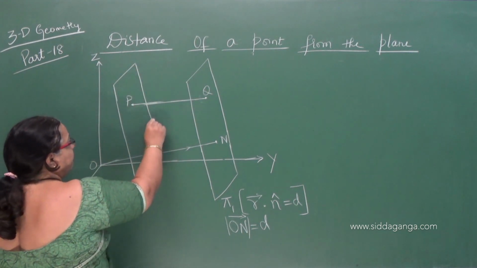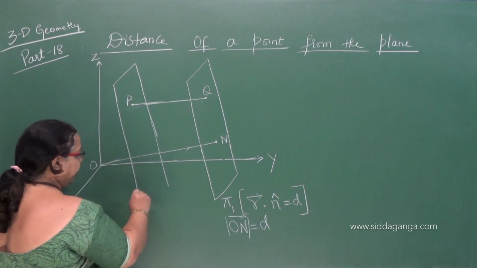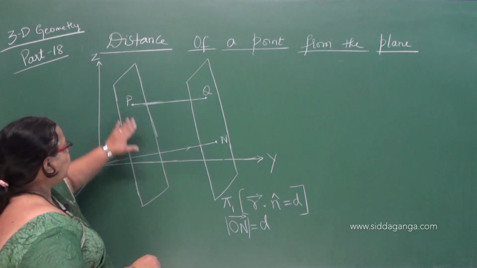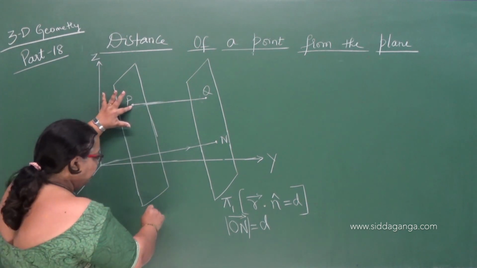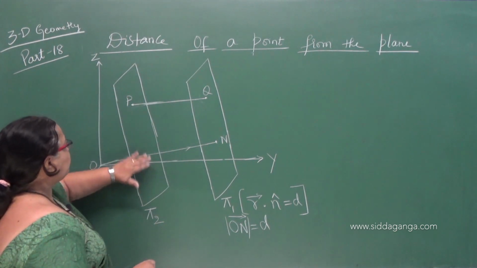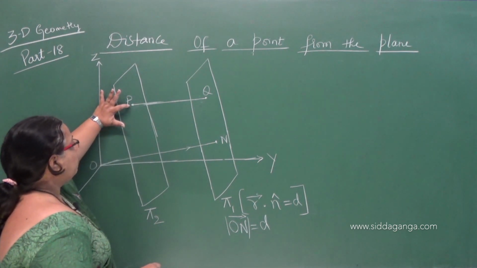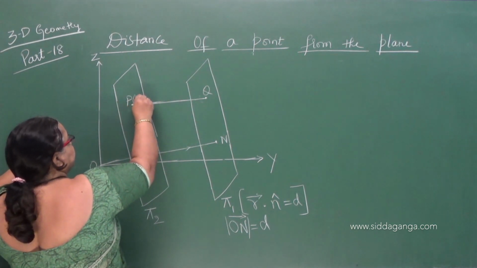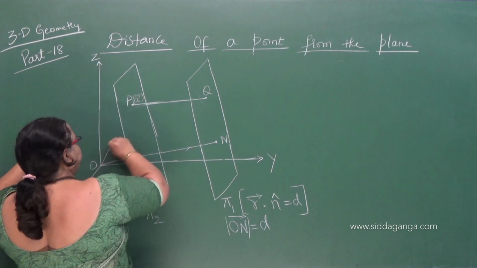So now we have to consider a plane which is, ನೋಡಿ, this plane contains the point P, means this is the second plane where it passes through the point P. So you take the position vector of this point P as vector A, that is OP.